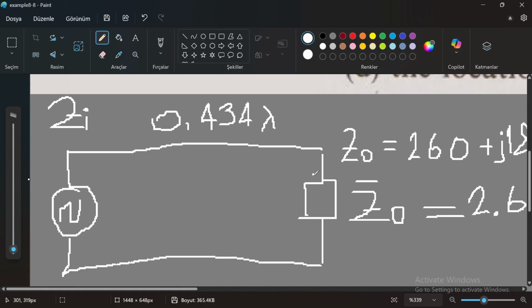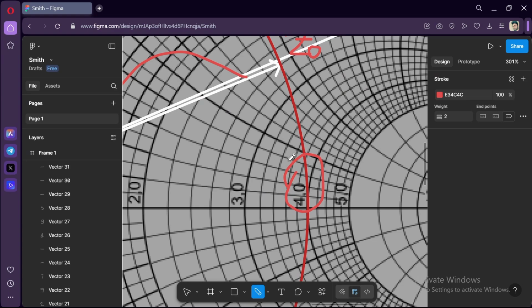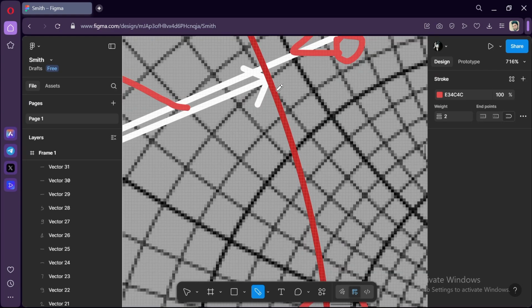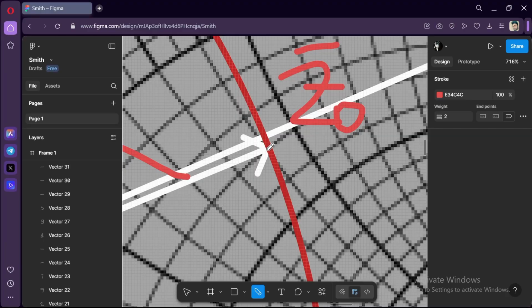Also let me tell you, we know this point, we know the point here, then we need to go towards the generator. So it means on the Smith chart we need to travel in the clockwise direction. So this was our output normalized value.